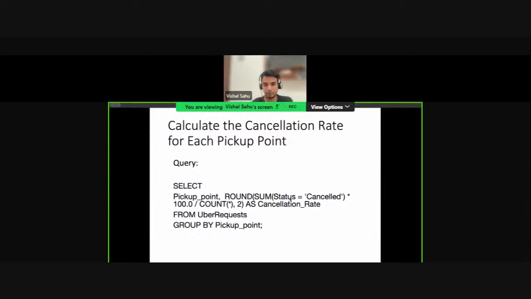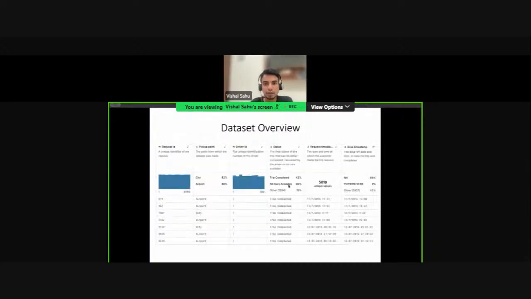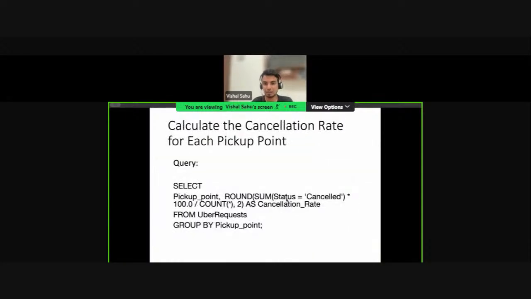So wherever it has a status cancelled, I'll show you the data set. Wherever I have a status equal to cancelled, I want to sum that up, multiply it by 100 and divide it by the total count. So if there are 45 rides cancelled out of 100, the cancellation rate would be 45%.